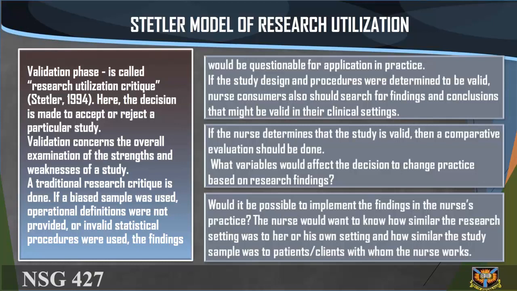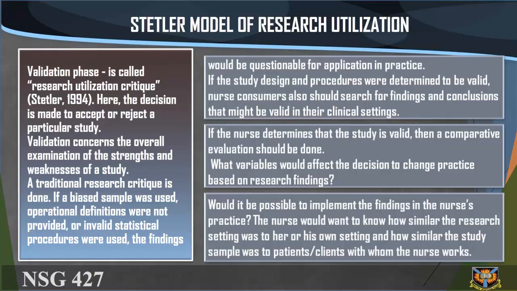If the nurse determines that the study is valid, then a comparative evaluation should be done. What variables would affect the decision to change practice based on research findings? Would it be possible to implement these findings in the nurse's practice?